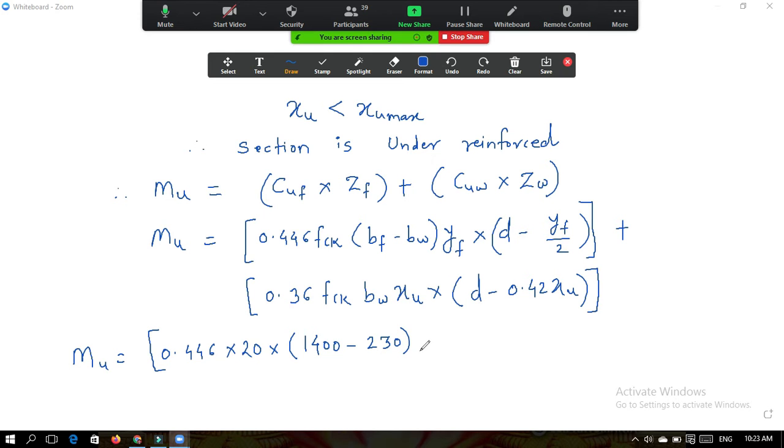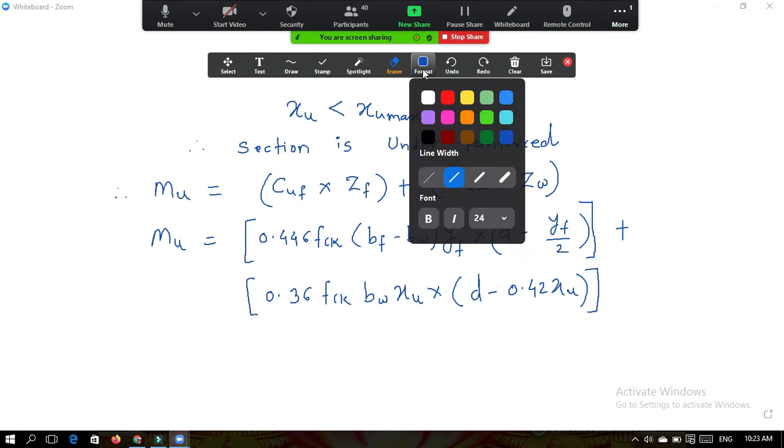So what is the value of YF now? We need to calculate the value of YF. So you calculate the value of YF separately. What is the formula to calculate the value of YF? I have already given you 0.15 XU plus 0.65 DF. Now you know the value of XU. So before going to this step, I think we should first calculate the value of YF. That value is needed.